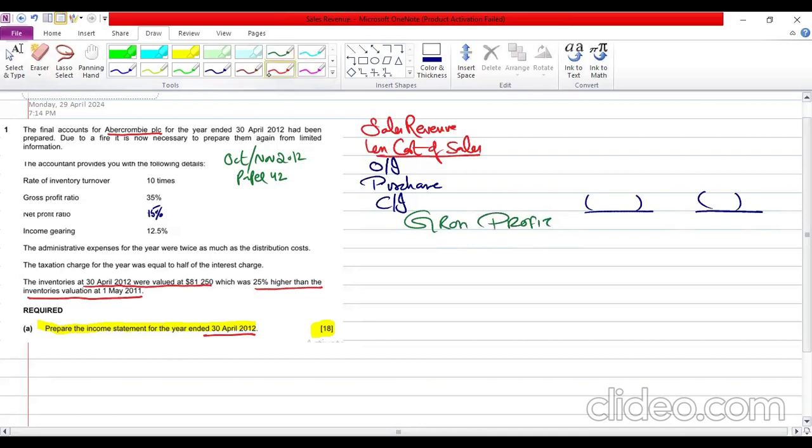Let's see, very few numbers are given. The first number given is closing inventory, 81250.